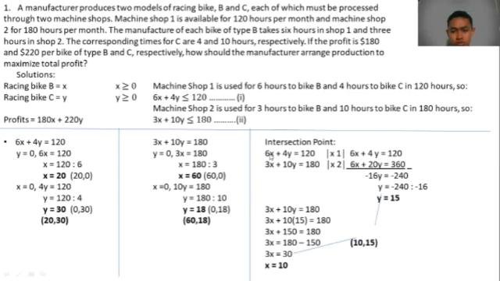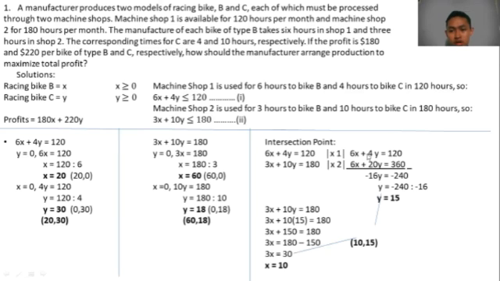To make the coefficient of x the same, we should multiply the first equation by 1 and the second equation by 2. So we get the new equations: 6x plus 4y equals 120, eliminated by 6x plus 20y equals 360.